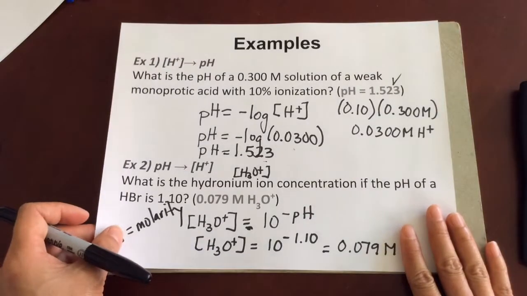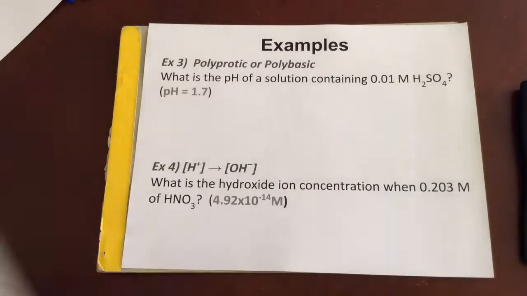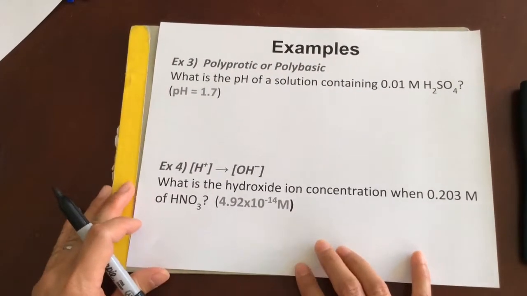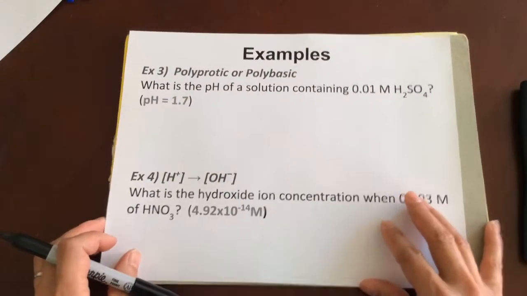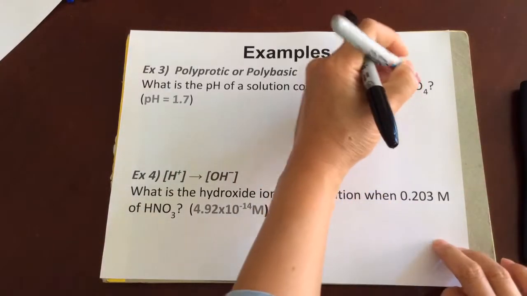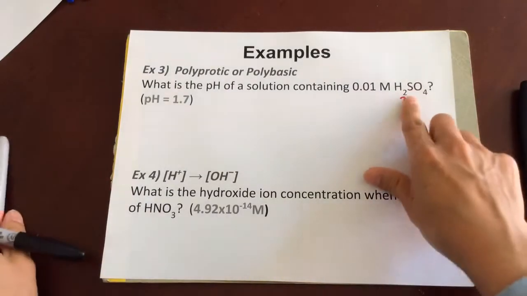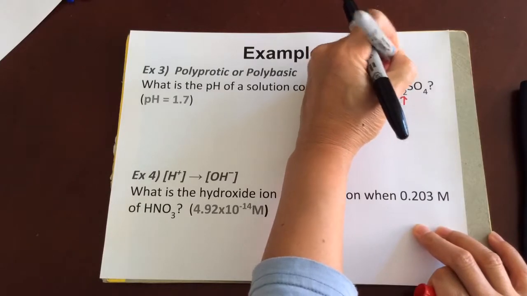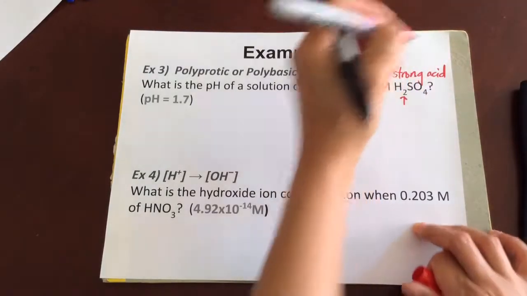Let's go to example number 3. In example number 3, we're looking at a polyprotic or polybasic situation. In this case, you're looking at the acid, and you'll notice that this acid is diprotic. How you know it's diprotic is you see 2 protons. And it's a strong acid. So not only is it diprotic, but it's also a strong acid, so 100% of it will ionize in the end.